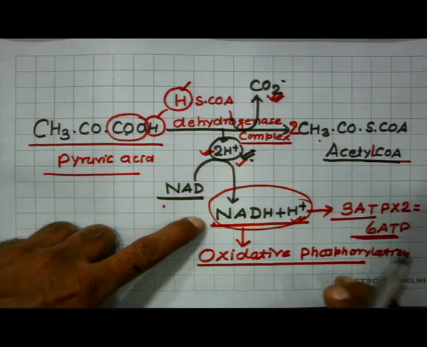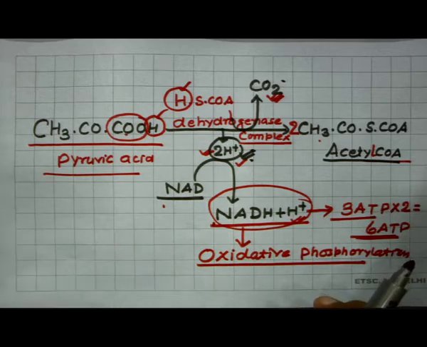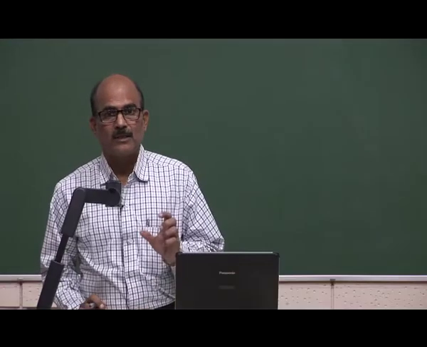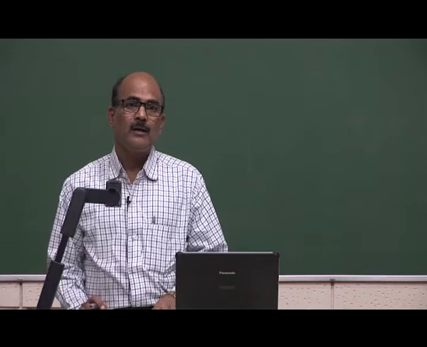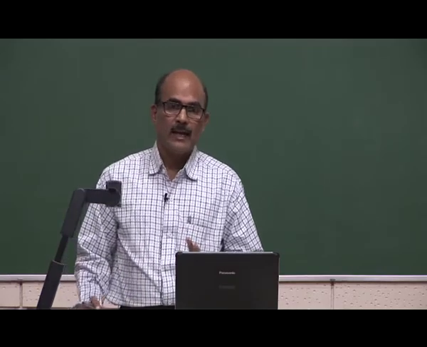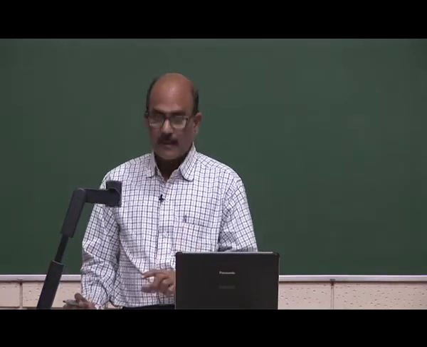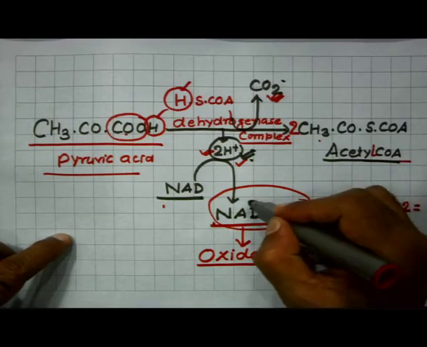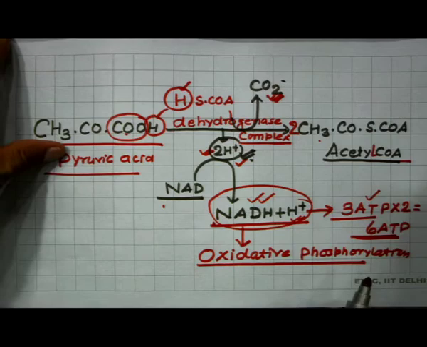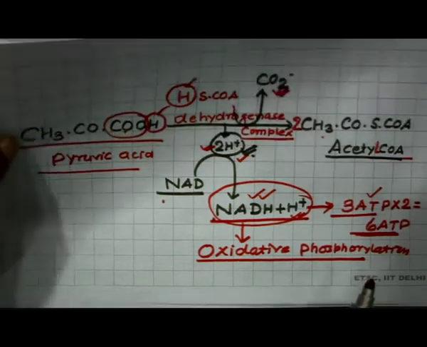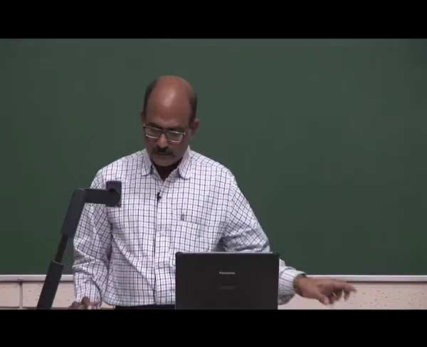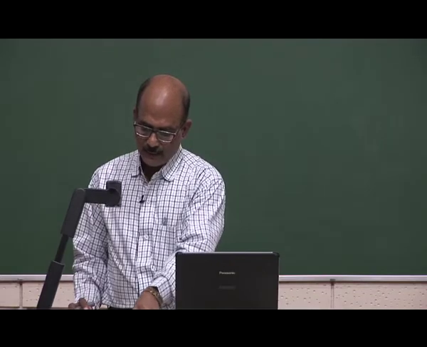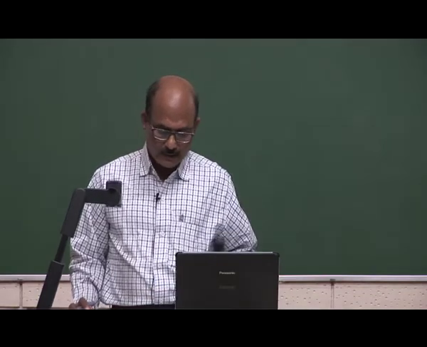So, we can say now here in glycolysis there is the formation of 2 ATP and 2 molecules of NADH2. Here also 2 molecules of NADH2 are formed, which will be found in my release of energy chapter at the end of this.